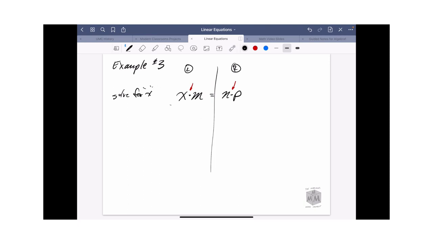The thing that's keeping x from being alone is it's being multiplied times m. So I divide both sides by the same amount. In this case, my amount is a variable. So m divided by m is 1. So I get x equals np divided by m, or n times p divided by m. And that's our final answer.